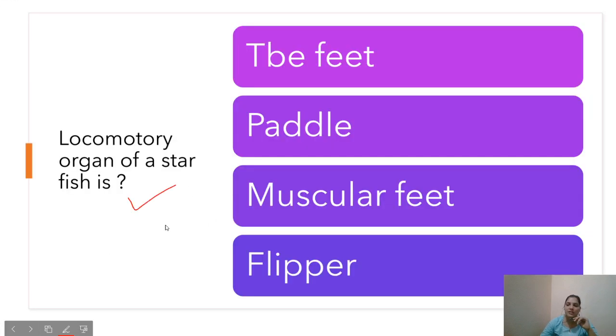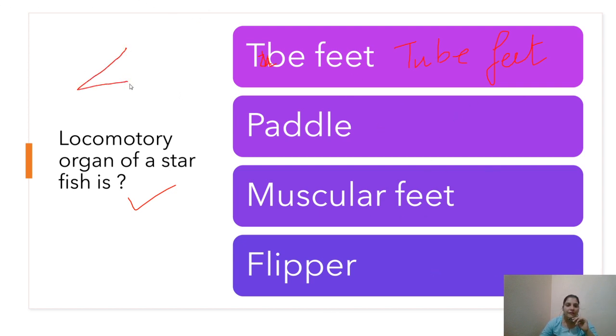The locomotory organ of a starfish is... tube feet. The options are tube feet, paddle, muscular feet, and flipper.